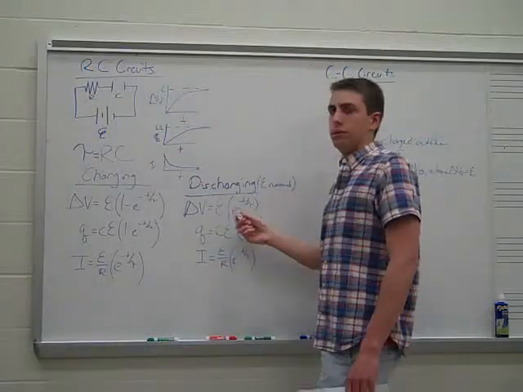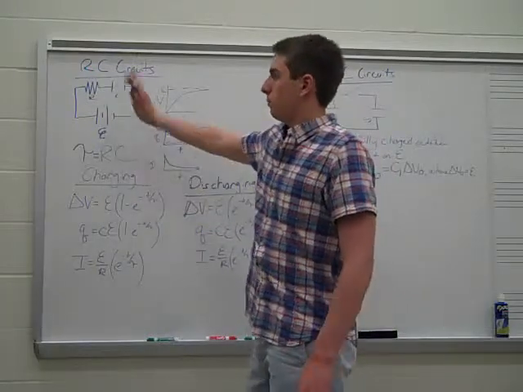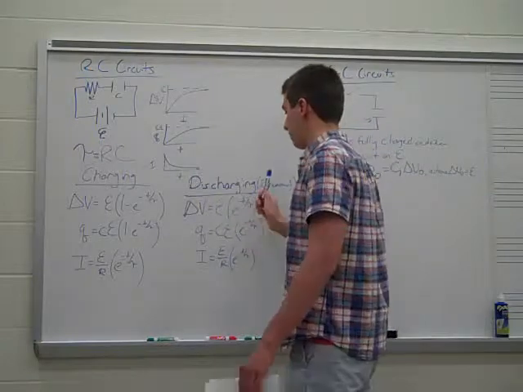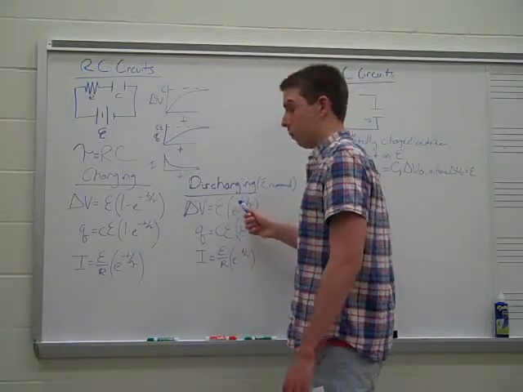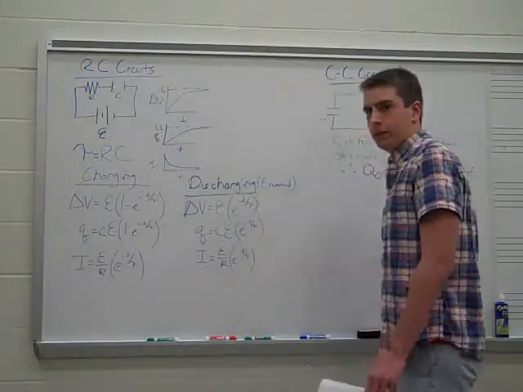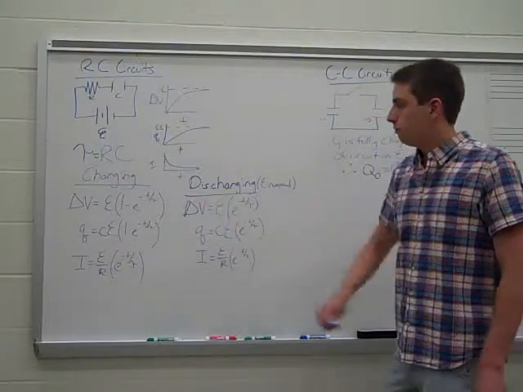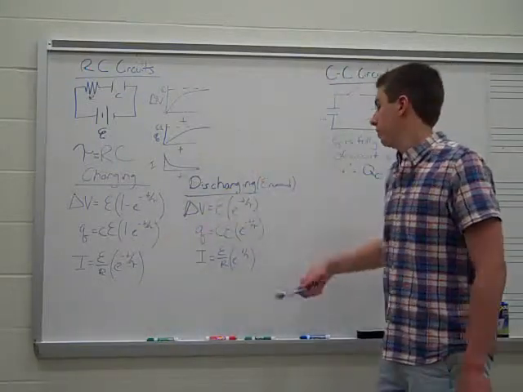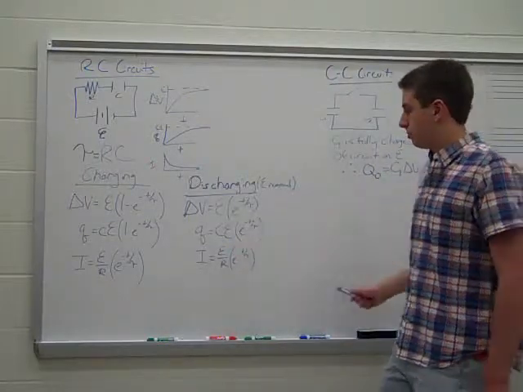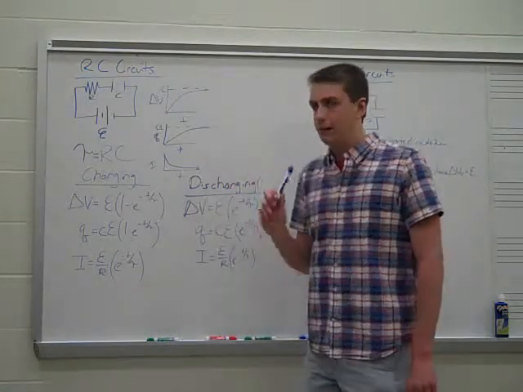So this would make sense because we know that the voltage initially on this capacitor, right when you flip the switch, when t equals 0, equals epsilon, which makes sense because this will equal 1, and then as you approach infinity for t, it's going to approach 0 on the cap. Same thing with Q. You have maximum Q when you flip the switch at time t equals 0, which is C epsilon, but as you approach t equals infinity, you're going to get a charge of 0 on the cap.